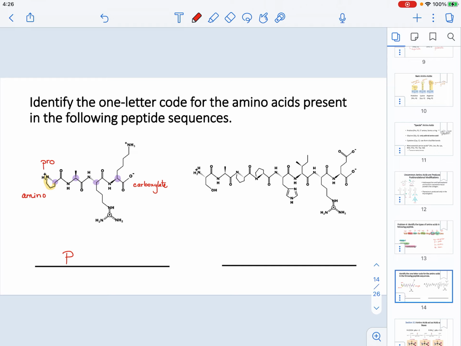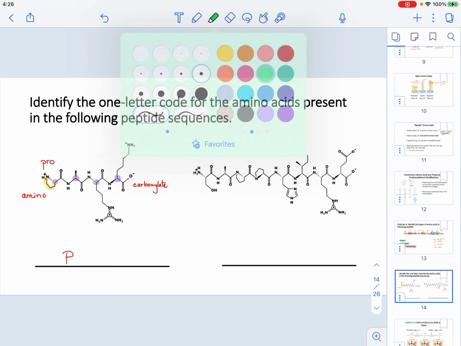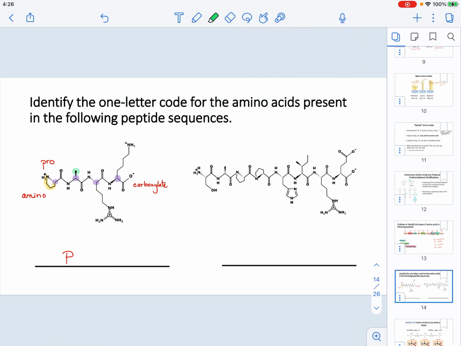If I look at this next one, the next amino acid that I have has a methyl group extending.